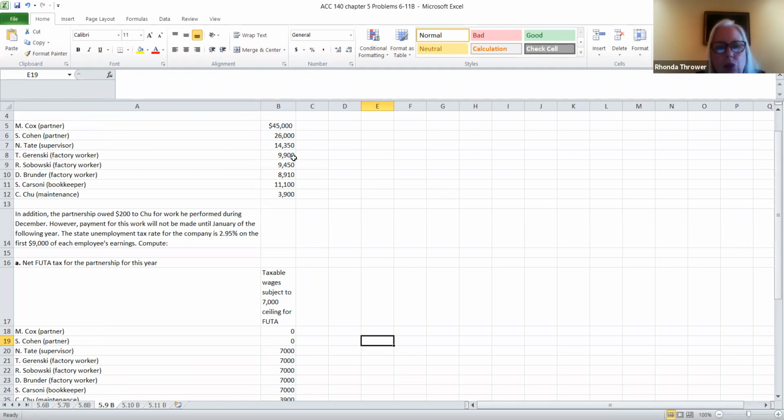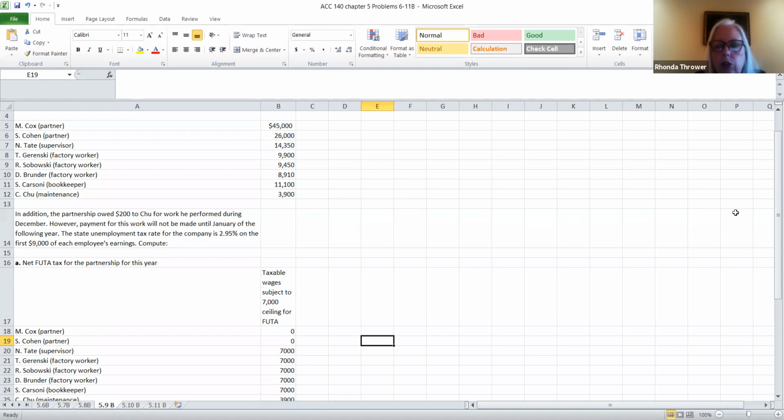The same is true for Jurinsky and Sobieski, I guess that's how you say that. And then all of this is going to be taxable for SUTA because they did not meet the $9,000 ceiling. But only 9,000 of these wages would be subject to SUTA.